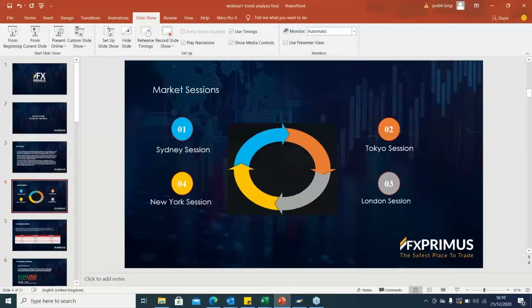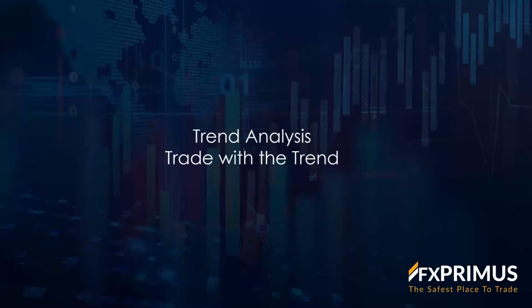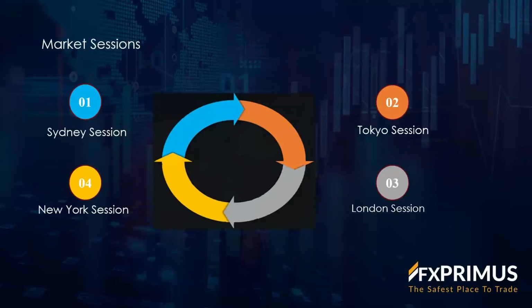Talking about the market sessions, while we say that this market runs 24 hours a day, throughout the 5 days in a week, we move through different sessions, beginning from the Asia session in the morning, moving ahead to the Tokyo session, and thereafter entering the London session, and hence ending our day with the New York session.